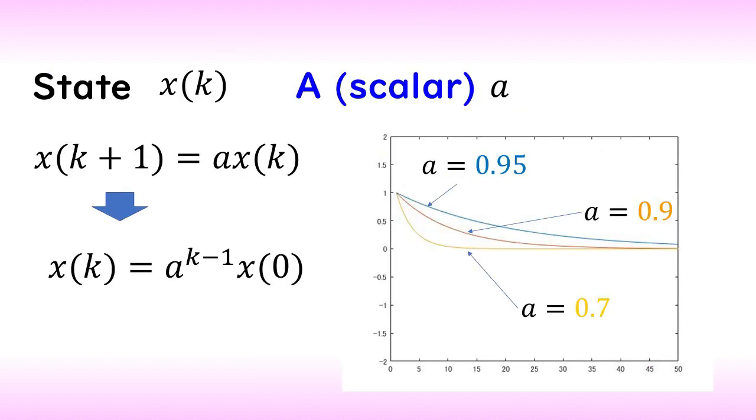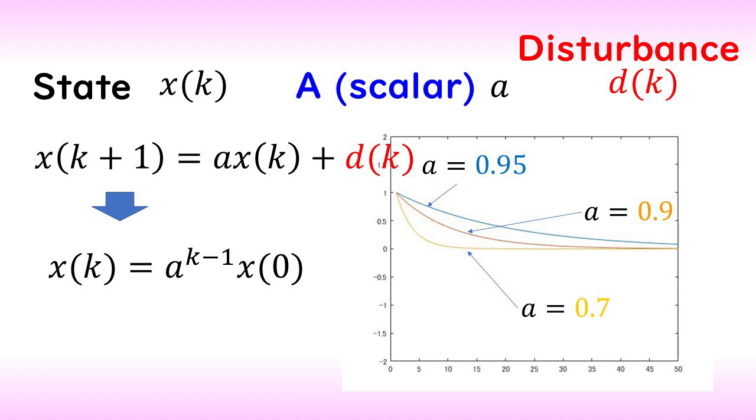This is related to the state space model in discrete time setting. x(k+1) equal a x(k), and the solution can be given like this. If a is in the range of -1 to 1, the system is stable.